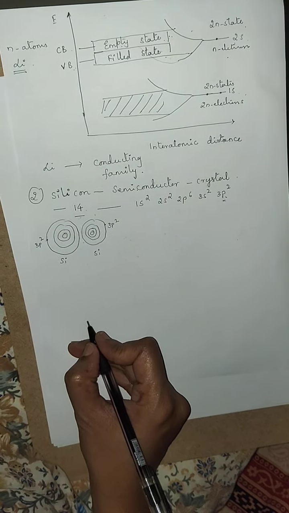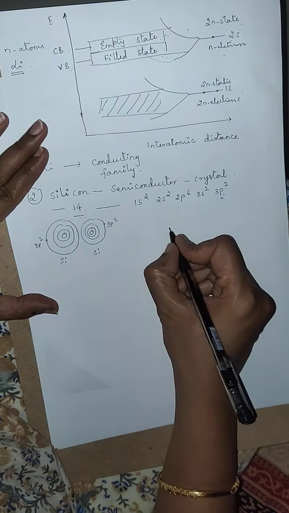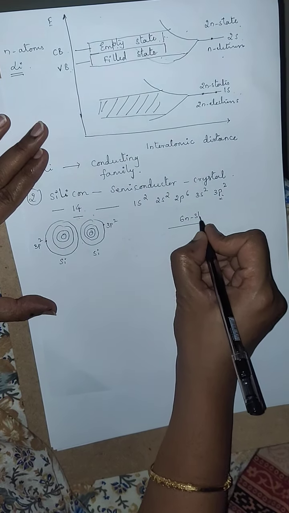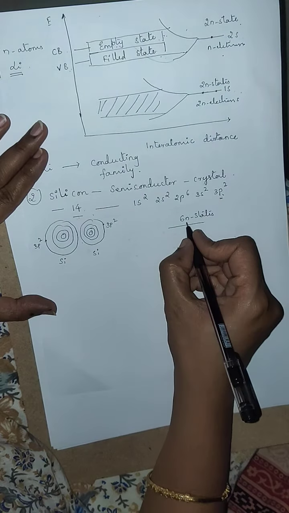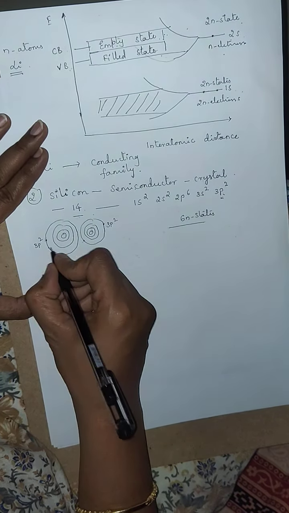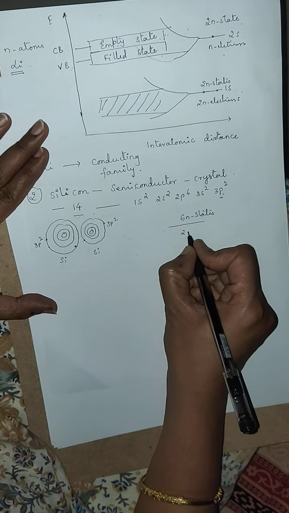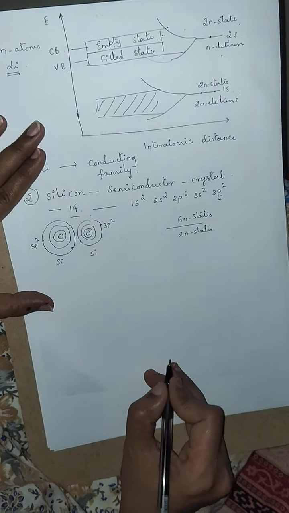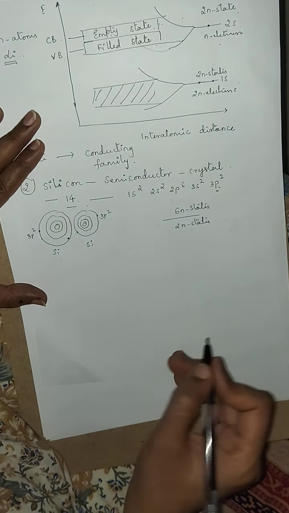Now this 3p level has a capacity of 6 electrons, or 6n states is its capacity, but only 2 electrons are filled here and 2 here also. So only 2n states are filled in this. 4n states are empty in this.